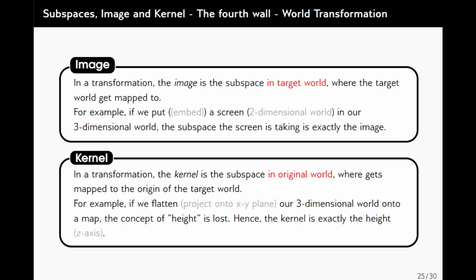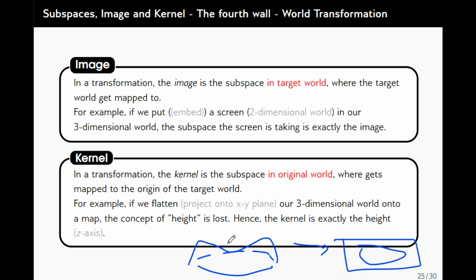The kernel, however, is the opposite. If you have the 3D example, you remember, you have a mountain, and then you're drawing it onto a map. So we have 3D to 2D, right? I said the height is lost.